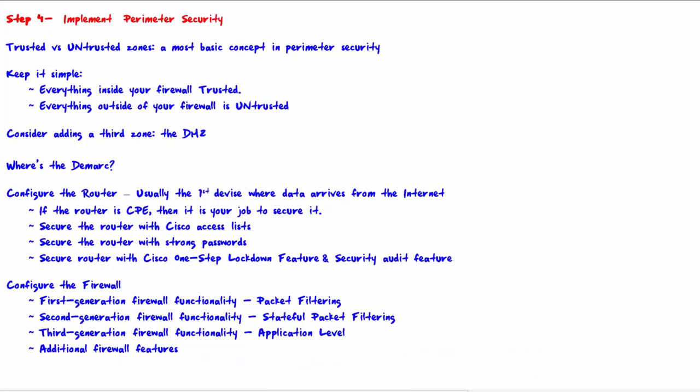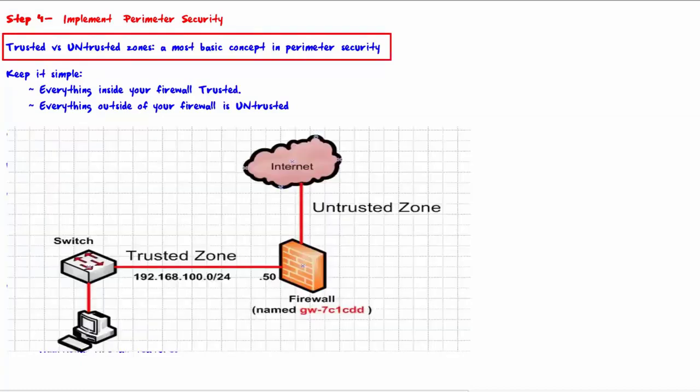Welcome to step 4. Implement perimeter security. Trusted versus untrusted zones, a most basic concept in perimeter security. The most basic concept in perimeter security is the trusted versus untrusted zones. The trusted zone is everything inside of your network, and the untrusted zone is anything outside of your network, that is, the internet.